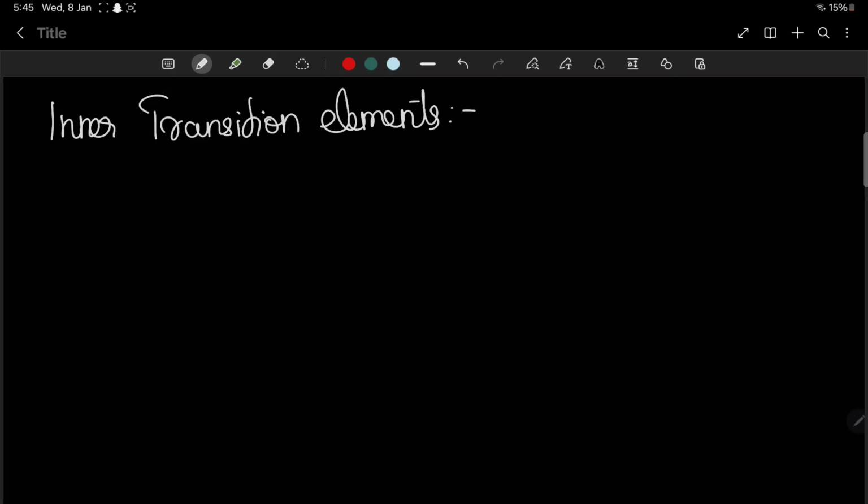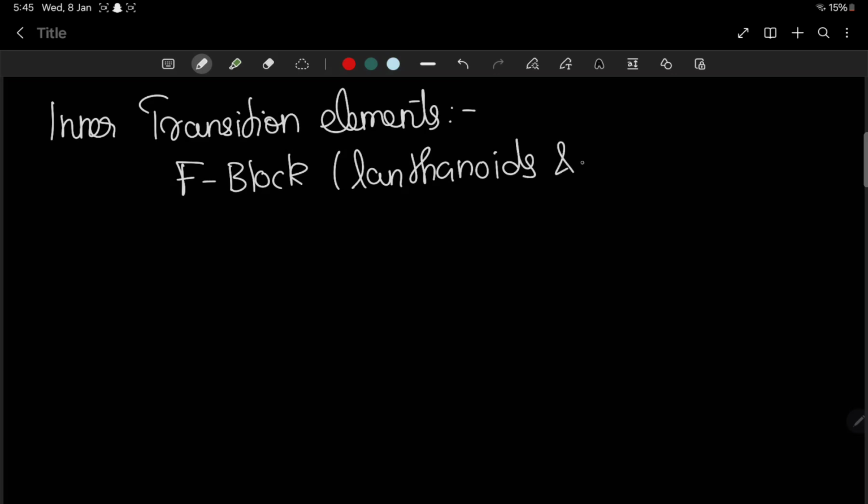Yes, inner transition elements are F block elements, or lanthanoids and actinoids. Okay, perfect. So these are the two types.